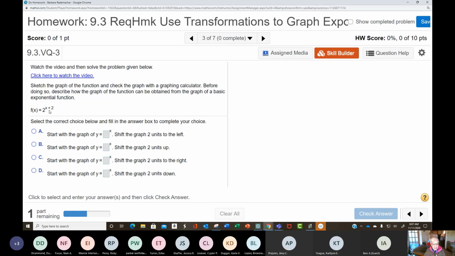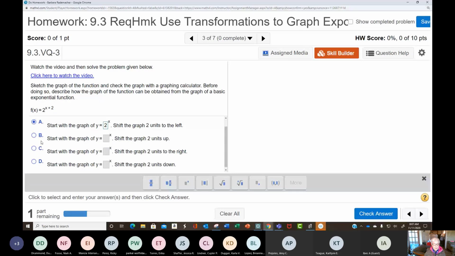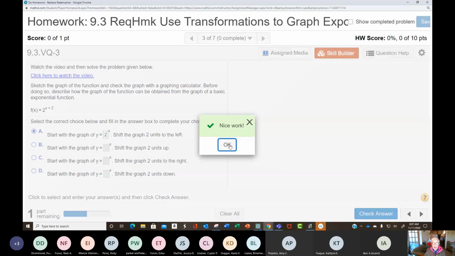Yeah, we are, because a plus sign up here with the x means go to the left. So I would click on A, except of course I haven't put my 2 in yet. Let me do that. All right, start with the graph of y equals 2 to the x and shift the graph 2 units left. Absolutely. Check my answer. Okay.